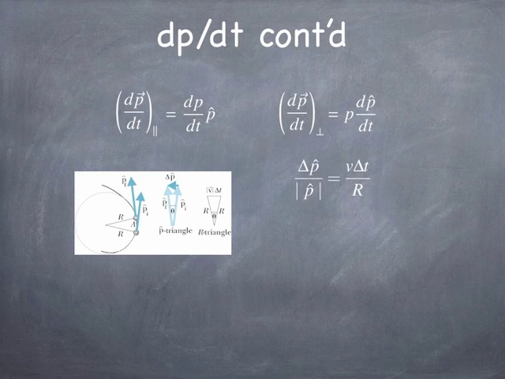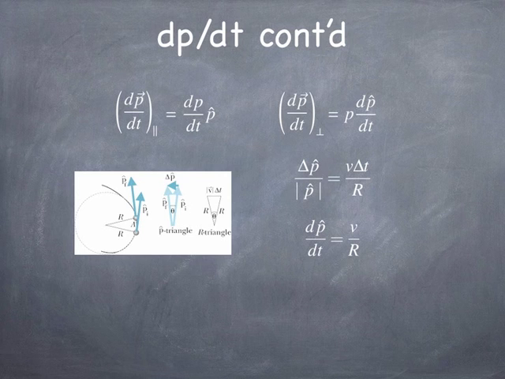So it means that delta p hat over the magnitude of p hat must be the same thing as v delta t divided by r. Now the magnitude of p hat is 1 because p hat is by definition a unit vector. And so I can simplify this and take the limit as delta t goes to 0. And what I get is that dp hat/dt is a vector perpendicular to p hat with a magnitude of v over r, because you can see that the delta t went away because I turned it into dt.